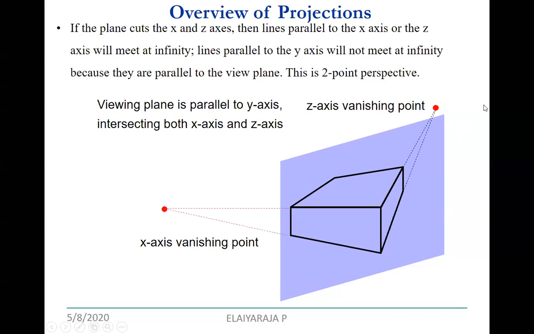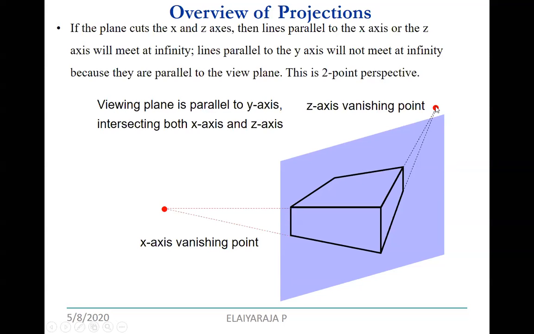So this is 2-point perspective, where your viewing plane is parallel to the y-axis. In that case, with the plane parallel to the y-axis intersecting both the x as well as the z-axis, you can see two different vanishing points.